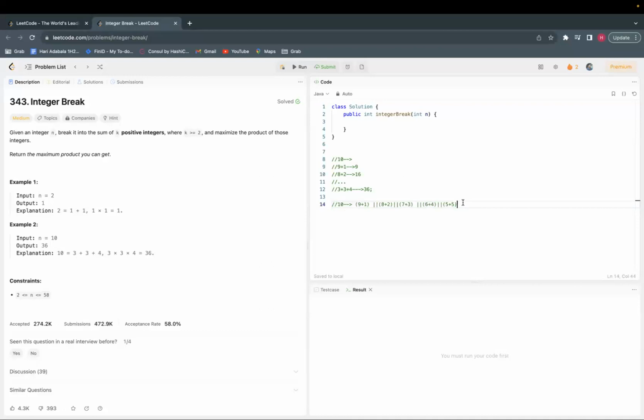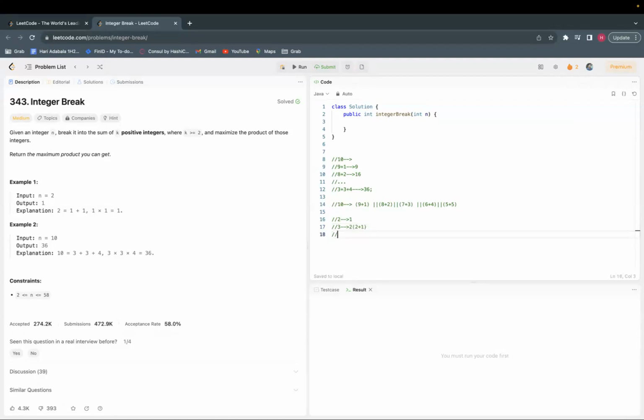So let's see how we can calculate the answer for 6, and then see how we do it for 5 and the rest. The base case will be: for 2, the answer would be 1, and for 3, the answer would be 2, as we can divide it like this only.